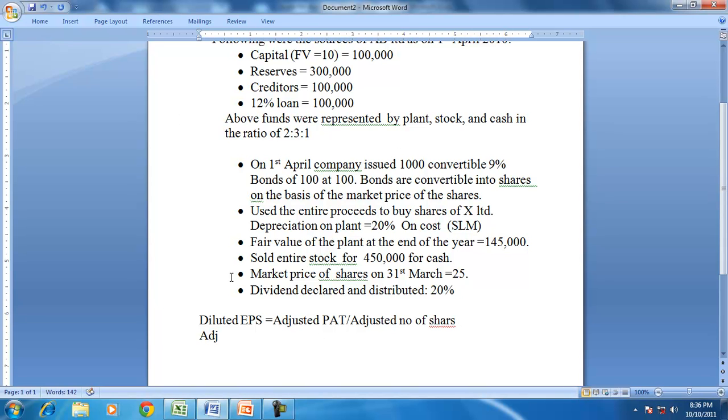Adjusted number of shares is equal to actual shares plus potential shares. Potential shares are convertible debentures. In this example, because there are convertible bonds, the potential shares are the convertible bonds which can be converted to shares on the basis of the market price which is given here.